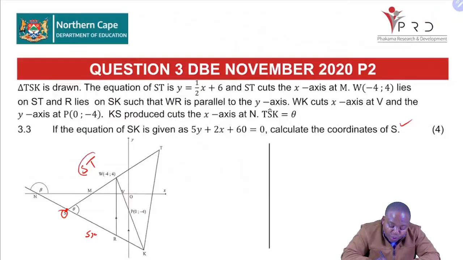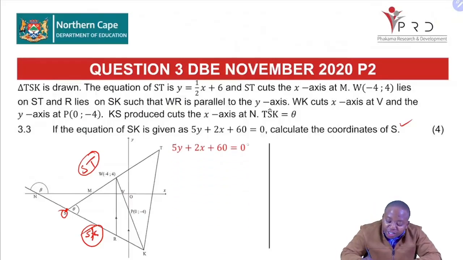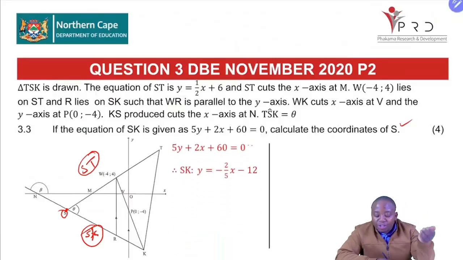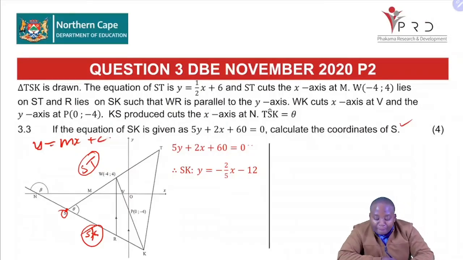So we are going to equate the equation of ST to the equation of SK. But before we can do that, we are going to take the equation of SK and simplify it so that it is written in standard form. To get it in standard form, it must be written in the form y equals mx plus c.